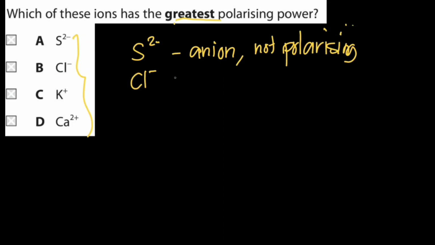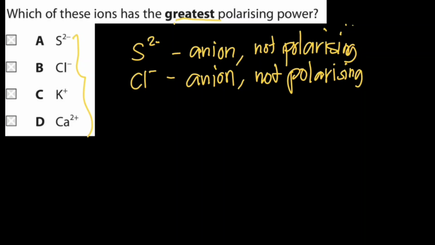Then we have chloride. Again, this is an anion, so not polarizing. It is polarized. And then we have potassium ion. This has a +1 charge. Therefore, it has a large radius.